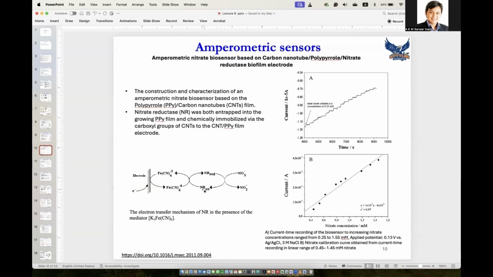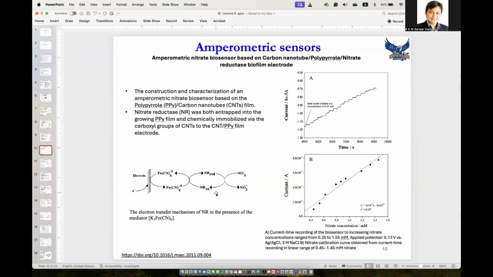The nitrate reductase, which is in the oxidized form, is going to reduce to the reduced form of nitrate reductase. And when it is in the reduced form, it is going to oxidize again. When this nitrate reductase oxidizes, the nitrate is reduced with the help of the enzyme, and nitrate becomes nitrite.